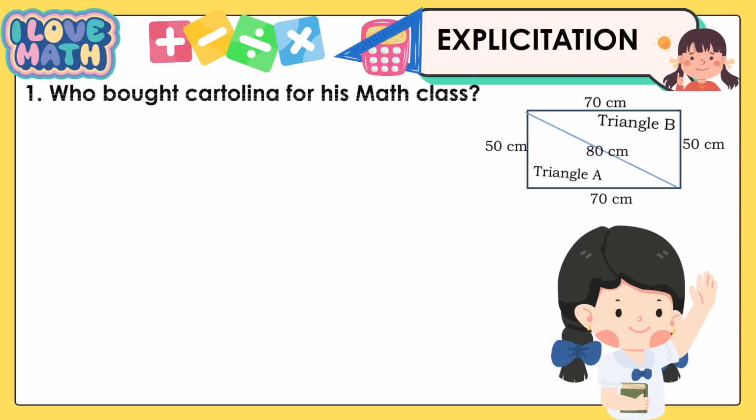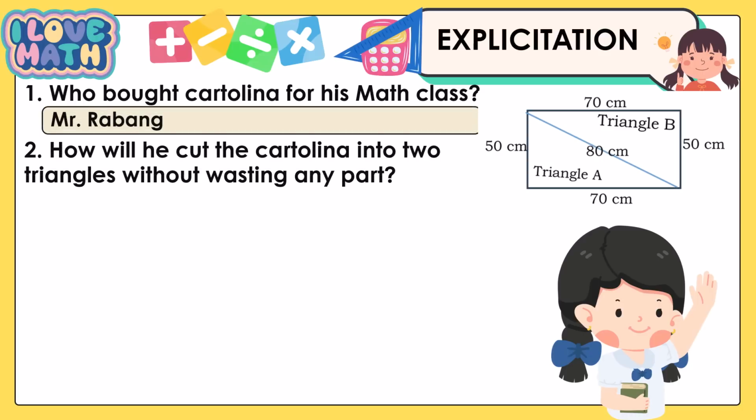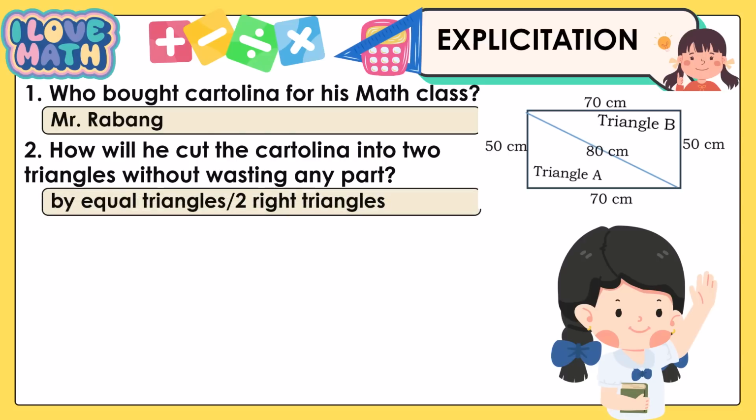Let's answer. Number 1, who bought cartolina for his math class? The answer, Mr. Rabang. Number 2, how will he cut the cartolina into two triangles without wasting any part? The answer, by equal triangles or two right triangles.